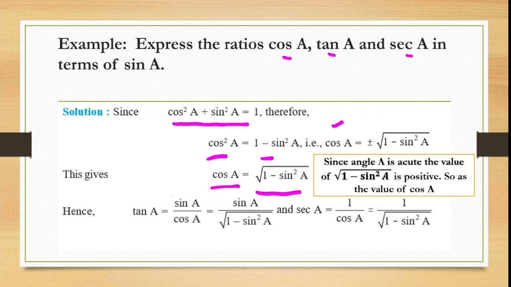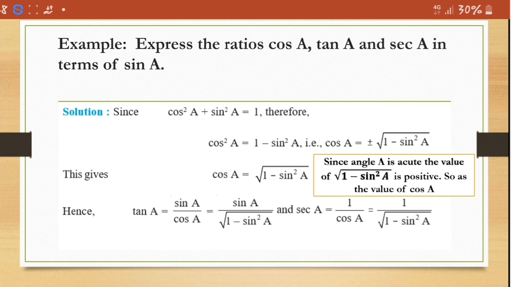Why? Because here A is the acute angle, that means the value of A is between 0 to 90 degree, right? Now if you remember the box where all trigonometric ratio values are given between 0 to 90 degree, then if you look at the row of sin theta and cos theta, you can see that the value of cos theta is always positive between 0 to 90 degree.